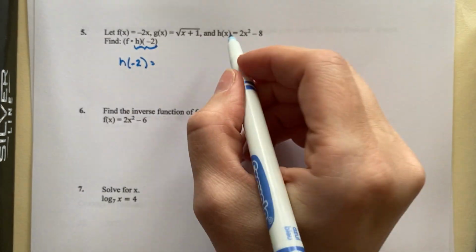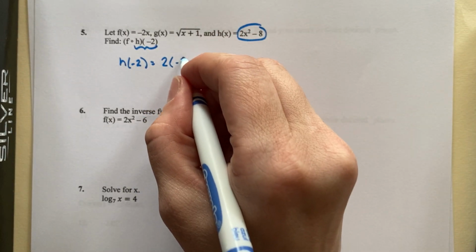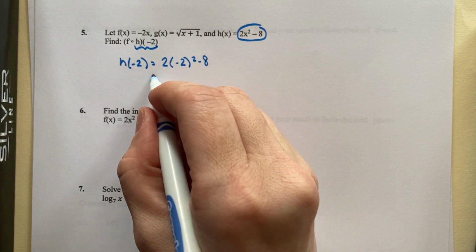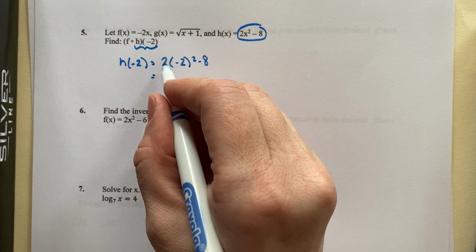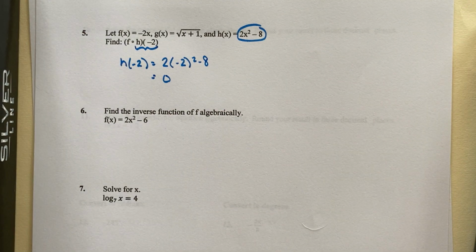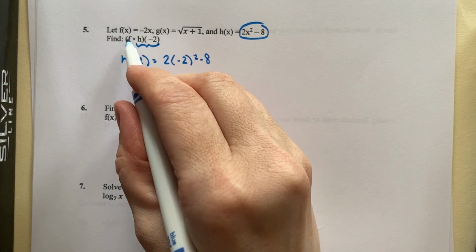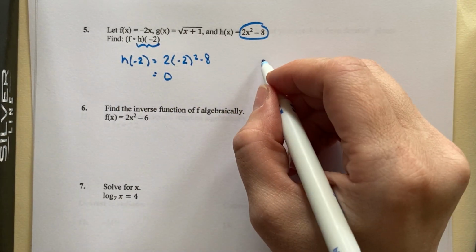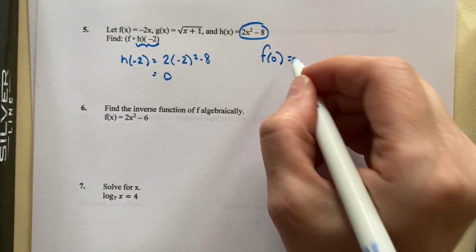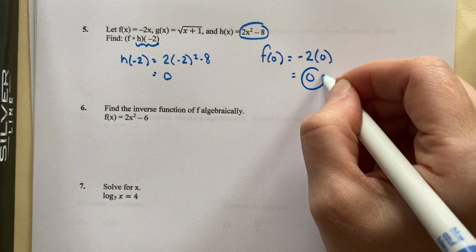And I'm going to do that by plugging it into my h formula. So this will give me 4 times 2, which is 8, minus 8. That gives me 0. So now that I have that, I'm going to find the outside, but I'm going to plug 0 into that. So now I'm going to find f of 0. -2 times 0 is 0.